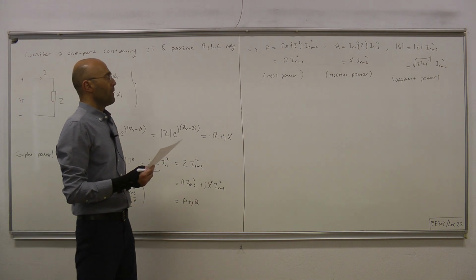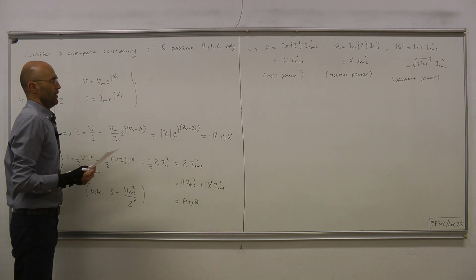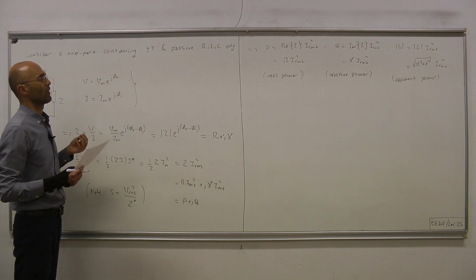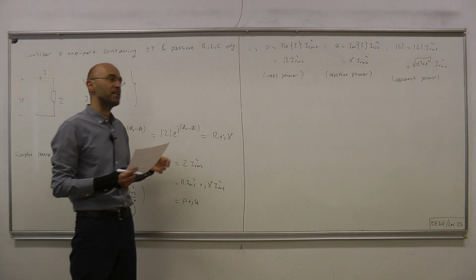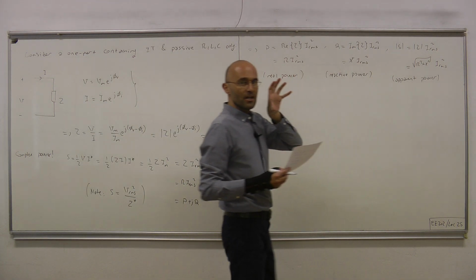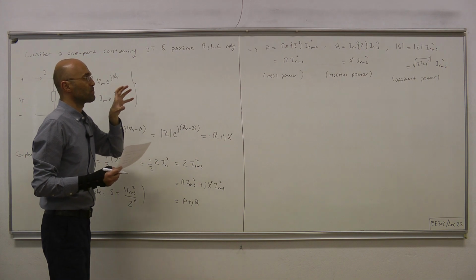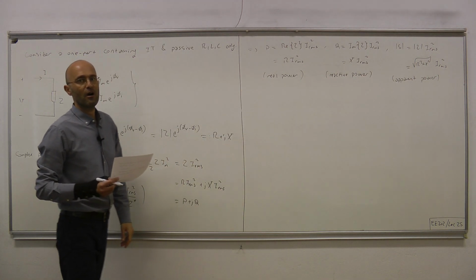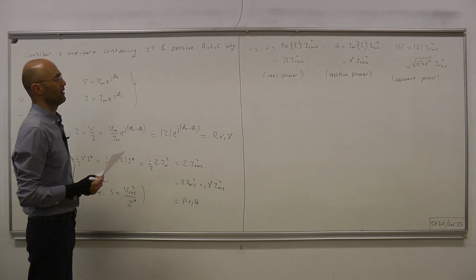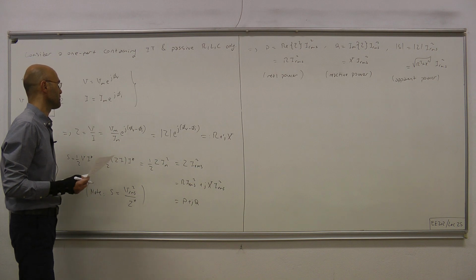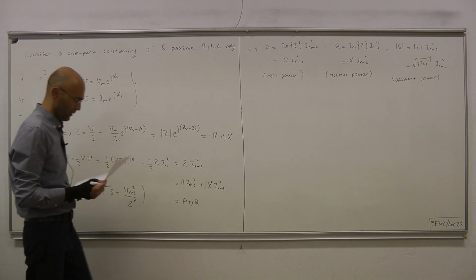Okay, now to communicate what part of the apparent power is going to the real power, we will now introduce a new object, namely the power factor, associated to the one port.